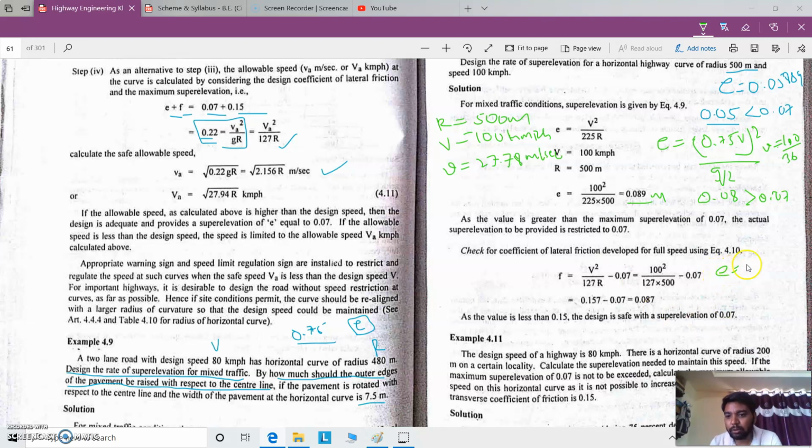that is, e equal to v square by gr, considering the complete speed, minus f is considered.